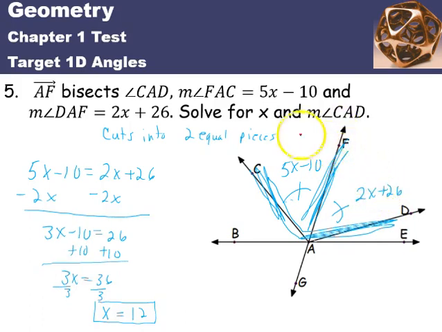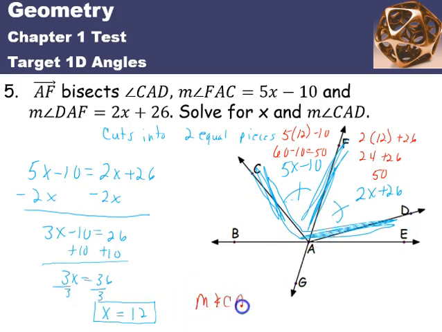So CAD is a big angle, so to find that I'm going to have to plug in into each of the little angles. So 5 times 12 is 60, and 60 minus 10 is 50. So this should also be 50, but let's just double check. 2 times 12 is 24. So we have 24 plus 26. That's 40 and 50. Yeah, so 50. So CAD would be the two 50-degree angles added together. 50 plus 50 is 100.